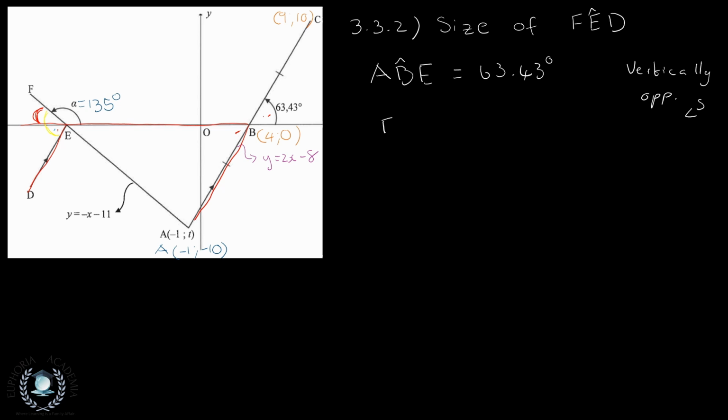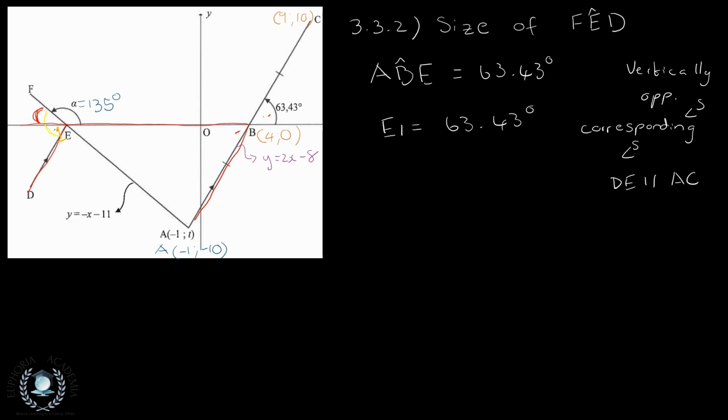E1, which is this one right here, is equal to 63.43 degrees, because of corresponding angles, because DE is parallel to AC.